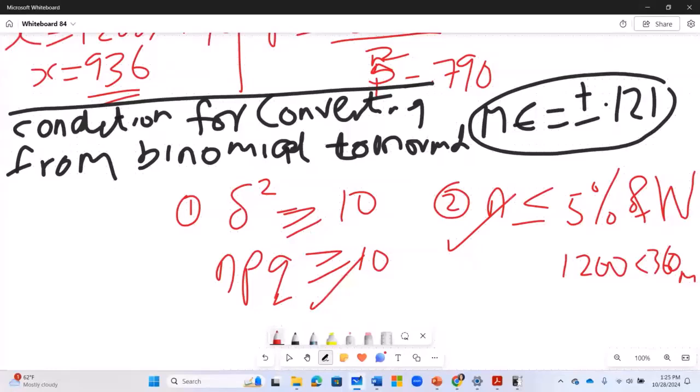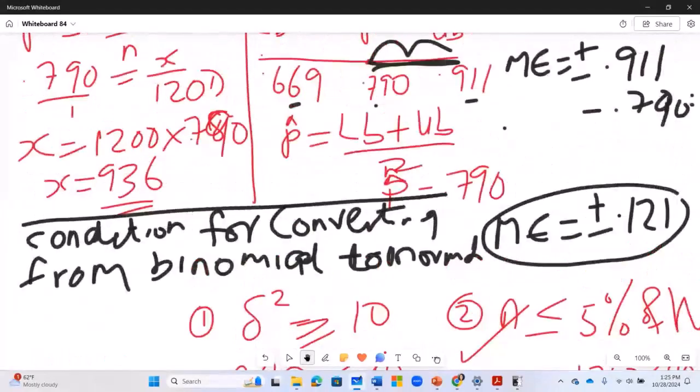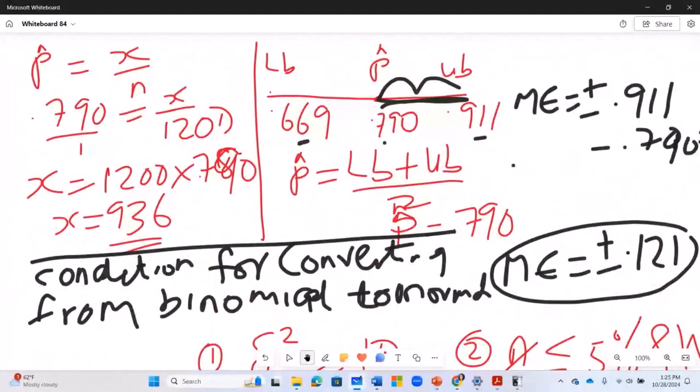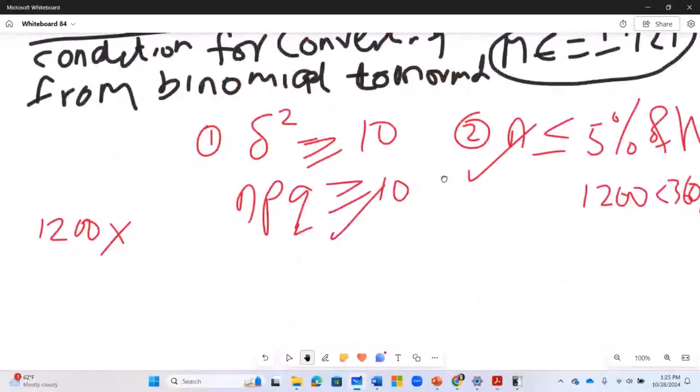Condition number one is sample size 1,200 multiplied by probability of success, which we calculated as 0.790, and probability of failure, which is 1 minus 0.790.